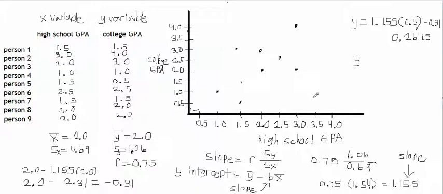Let's actually go right up to 3 right here, or maybe 3.5, because then this is right below the furthest dot to the left and right above the furthest dot to the right. So it's y equals 1.155, the slope, times 3.5 minus 0.31.